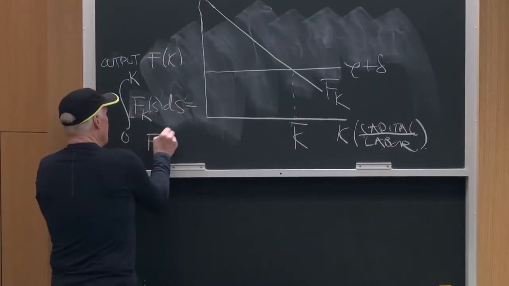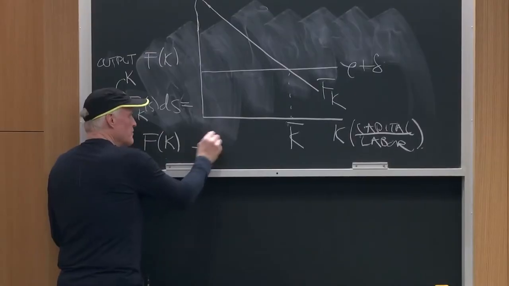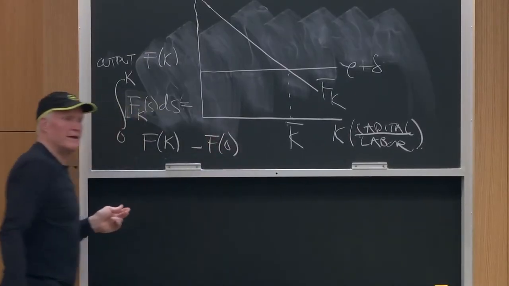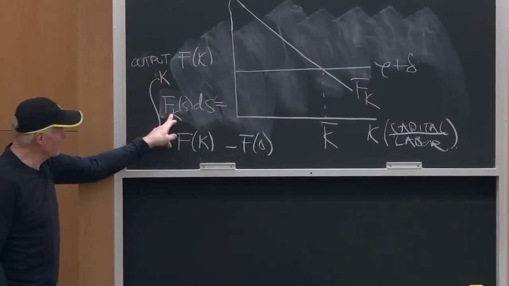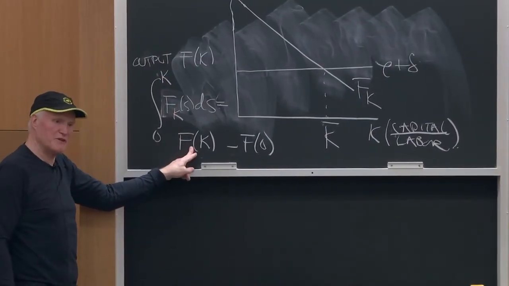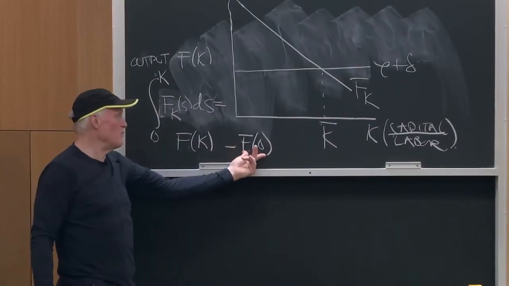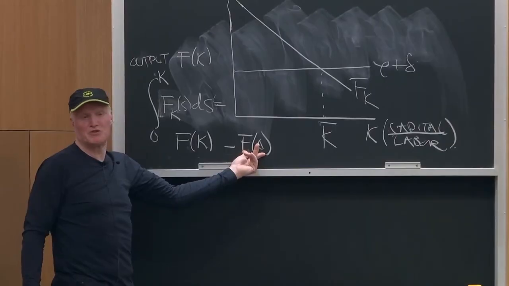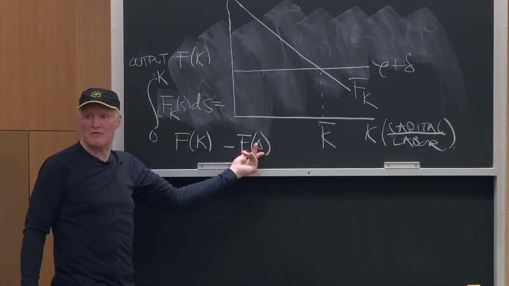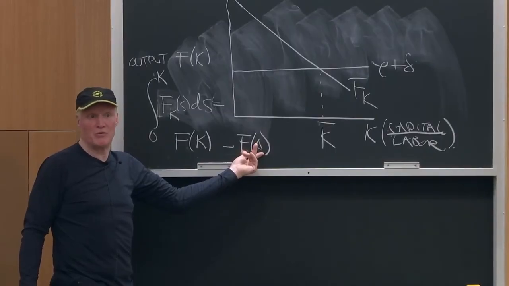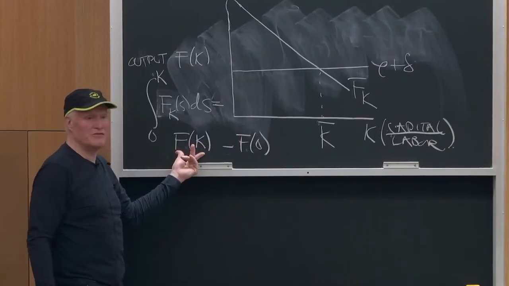That's f of k minus f of 0, right? Everybody agrees with that, right? The integral from 0 to k of the derivative of the function is the function itself at k minus the function at 0. This is how much output a unit of labor produces when it has no capital. This is the output of a unit of labor that has no capital to work with. This is the output of a unit of labor that has k units of capital to work with.